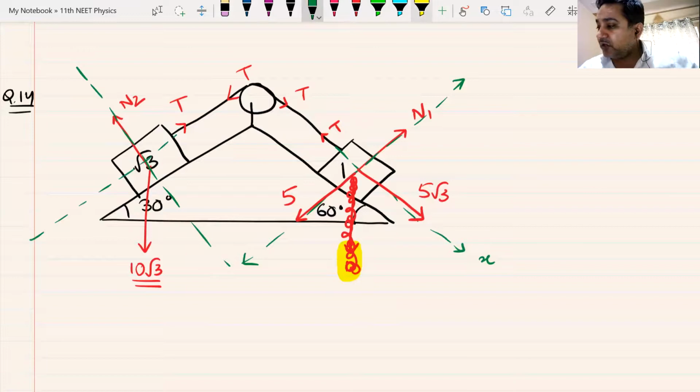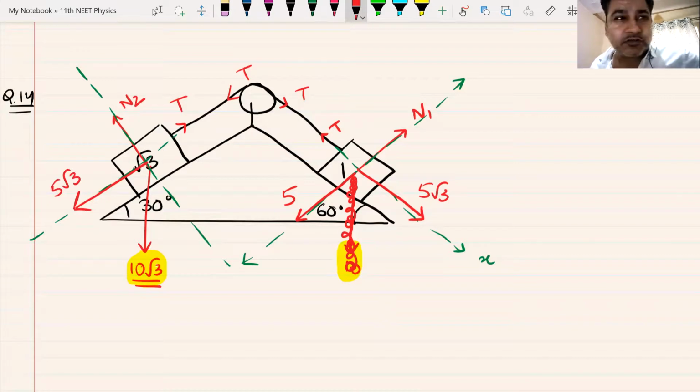So I'll have to resolve this force, 10 root 3, into 10 root 3 sin 30 and 10 root 3 cos 30. Sin 30 is half, so 10 root 3 multiplied by half becomes 5 root 3. Then 10 root 3 multiplied by cos 30, which is root 3 by 2, becomes 15.